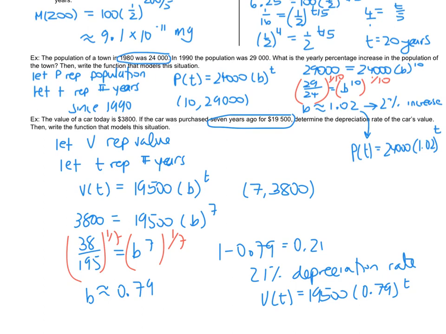So if I want to find my rate, if I can't see it right away, I can do 1 minus 0.79 to see how much is left to get to a full 1, and I get 0.21, which means the depreciation rate is 21%. And then I can just take that base and plug it in for B to write my final equation for this.